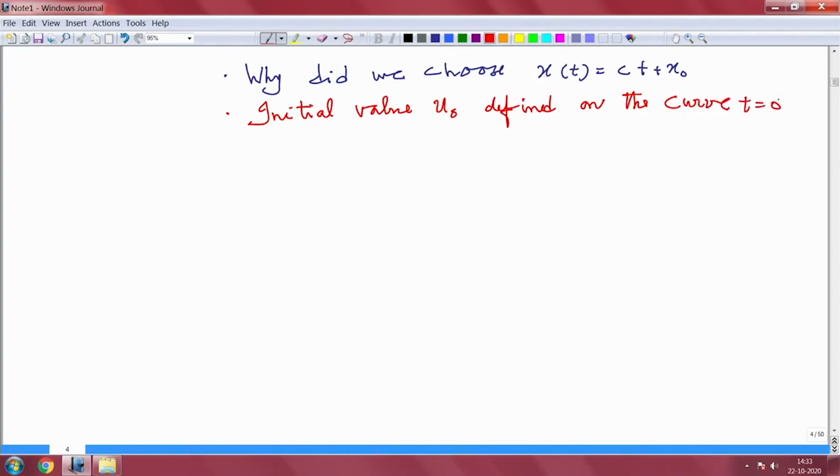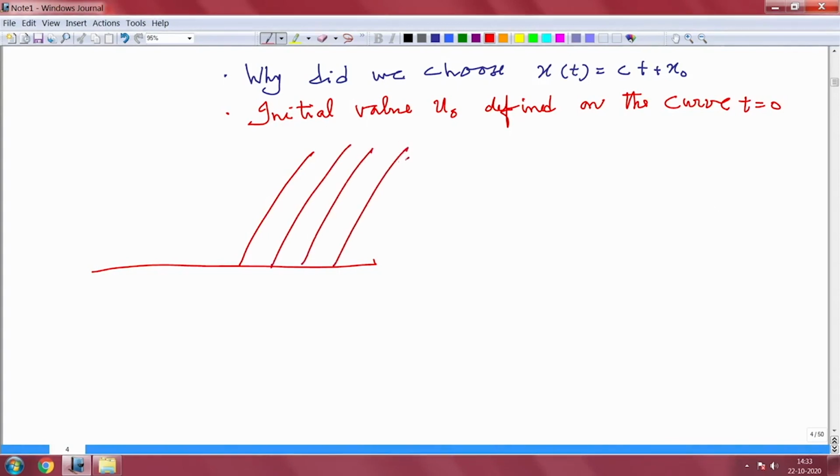So, the x axis. So, you have defined the initial values on the x axis. So, the question is, you have a line here and you have all your initial curves here. This is your characteristic curves. This we call characteristic curves.